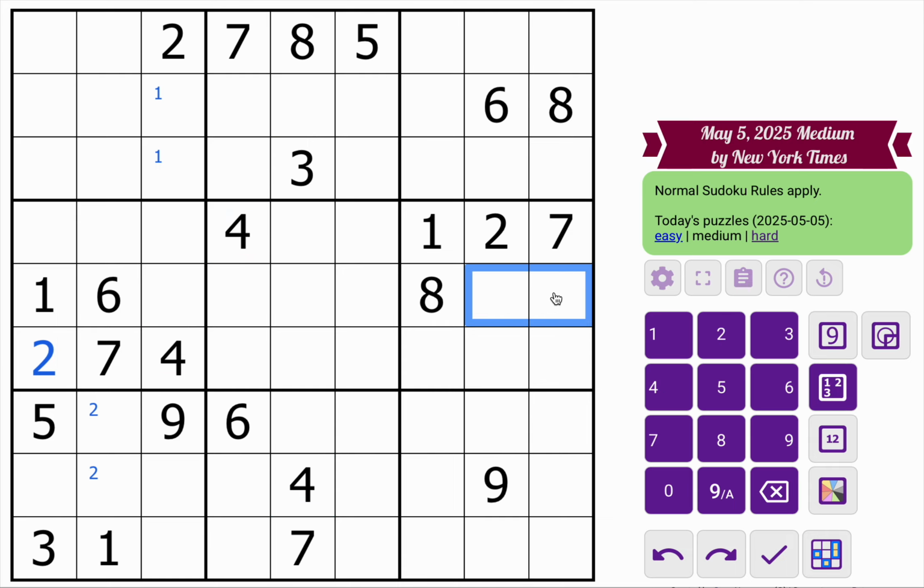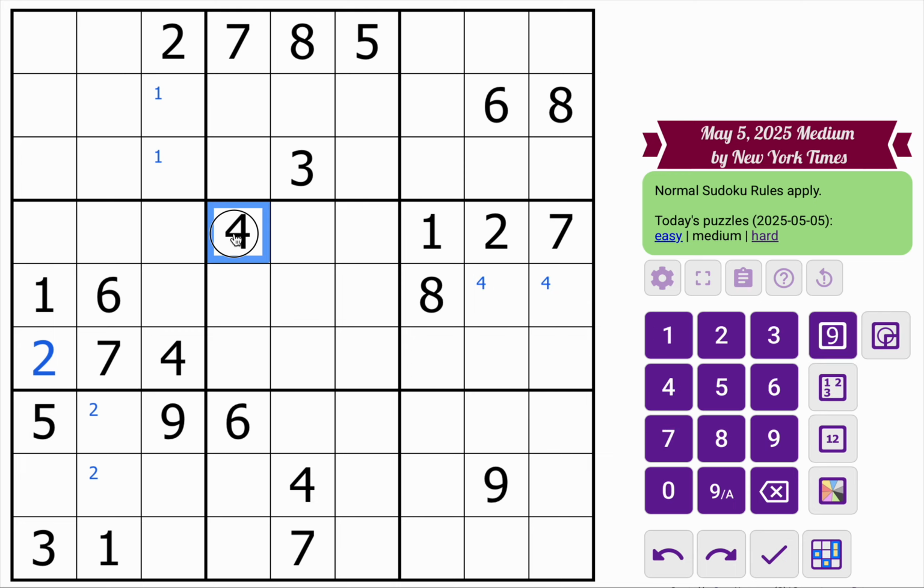Typically by now there will be a few more cells I can fill, but it looks like we're not able to really solve many cells here.